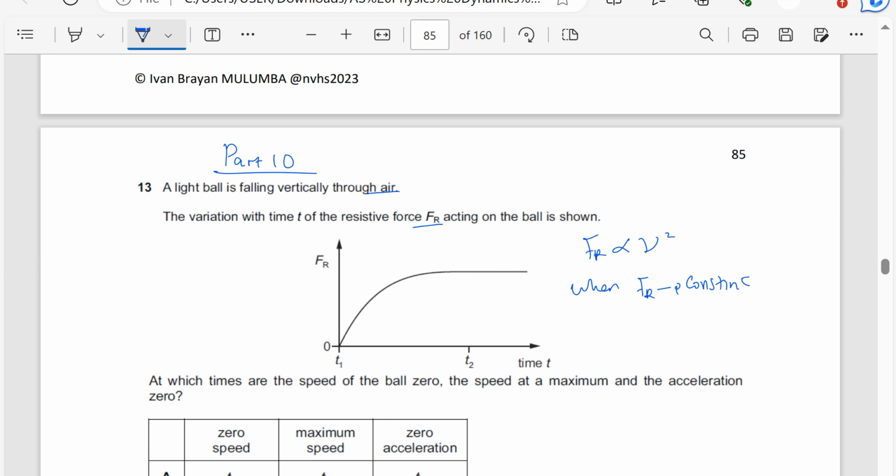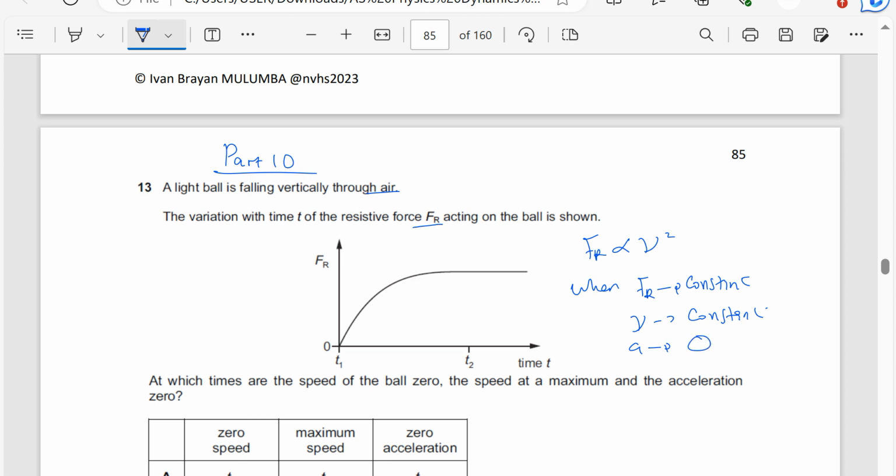Because Fr is directly proportional to the square of the speed, if Fr is constant, it means V is also constant. So from the graph, when the resistive force is constant, the speed is also constant. And if the speed is constant, it means the acceleration is 0.